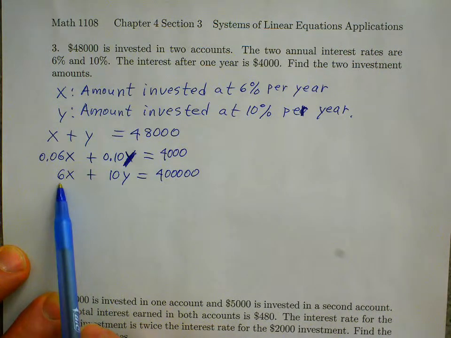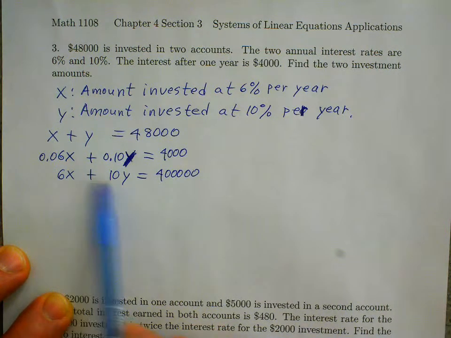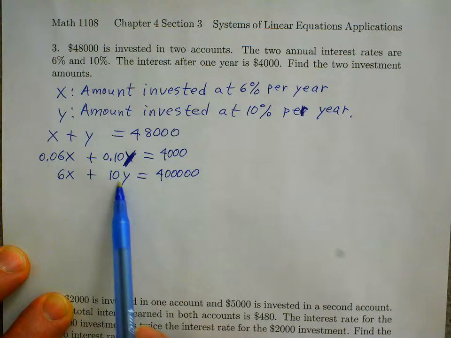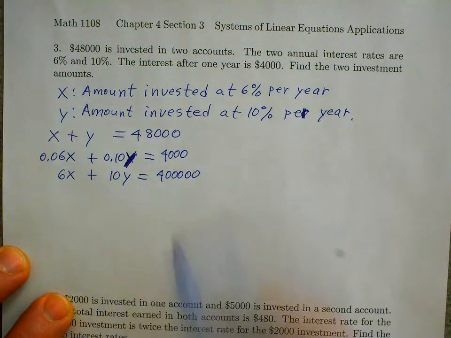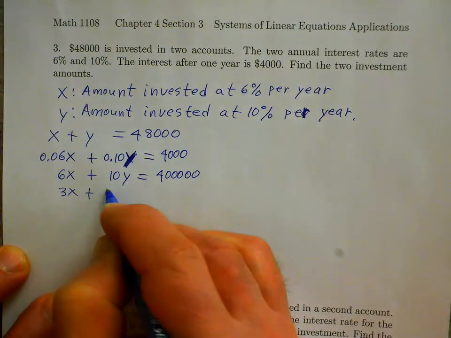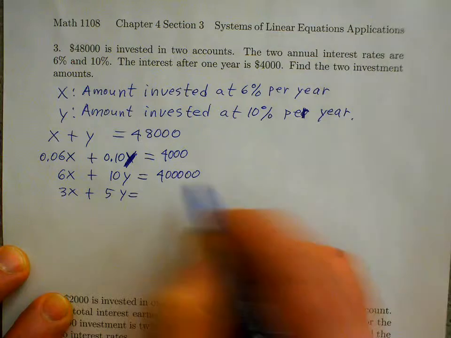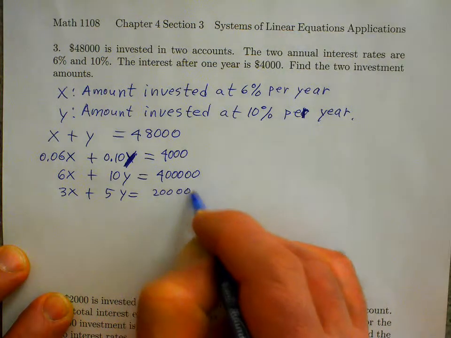Okay, we can pare this down a bit. Notice every term is divisible by 2. So if I get rid of some of the clutter that's in the way by dividing every term on both sides by 2, then this equation becomes 3X plus 5Y equals 200,000.